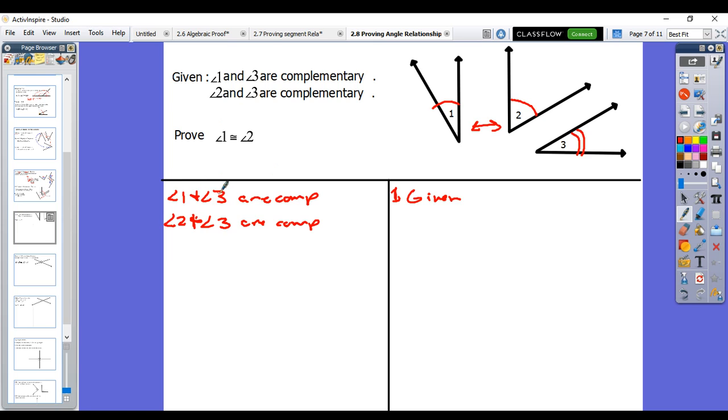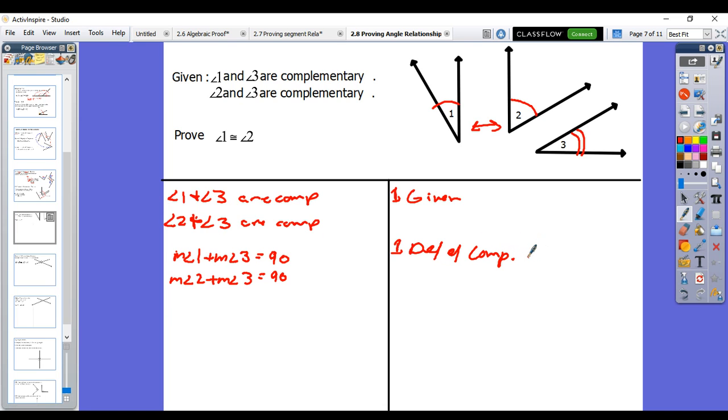So we know 1 plus 3 are complementary, so that means the measurement of angle 1 plus the measurement of angle 3 equal 90 because they're complementary. And we can say the same thing about the next line. The measurement of angle 2 plus the measurement of angle 3 are complementary. That is just the definition of complementary angles.